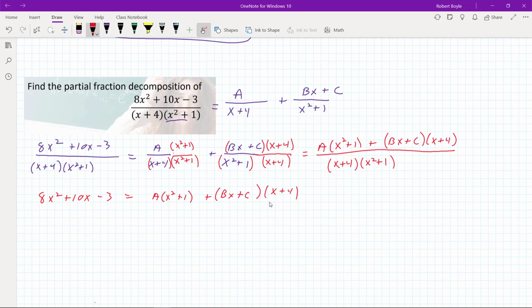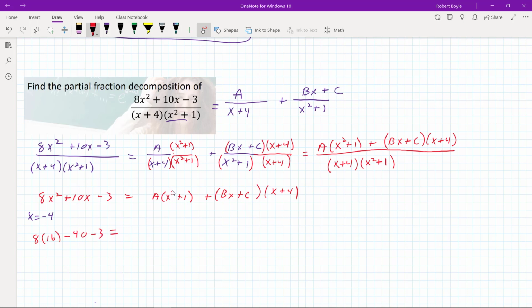Now notice that once again we are going to substitute various values of x to come up with 3 equations that we can use to solve for a, b, and c. So notice here we have an x plus 4 term. So if we let x be equal to negative 4, this term will go away. So let's go ahead and do that. Let's let x be equal to negative 4. And if we do, we are going to have 8 times 4 squared, so it's going to be 8 times 16, 10 times negative 4 is minus 40, minus 3.